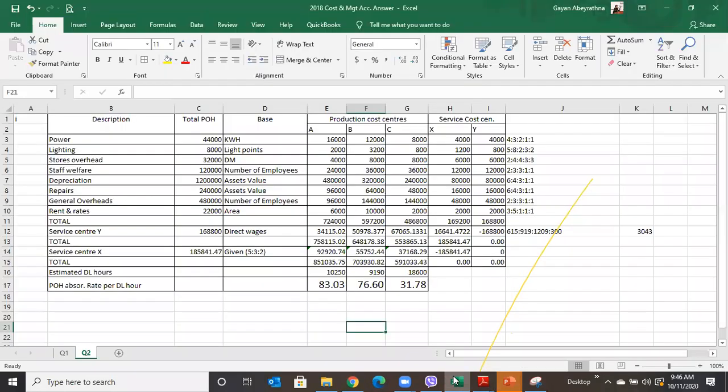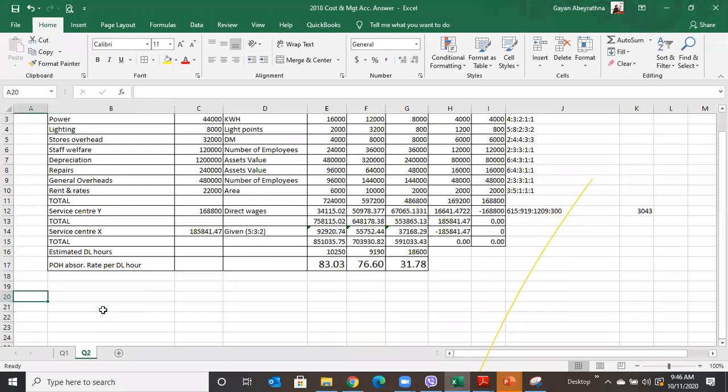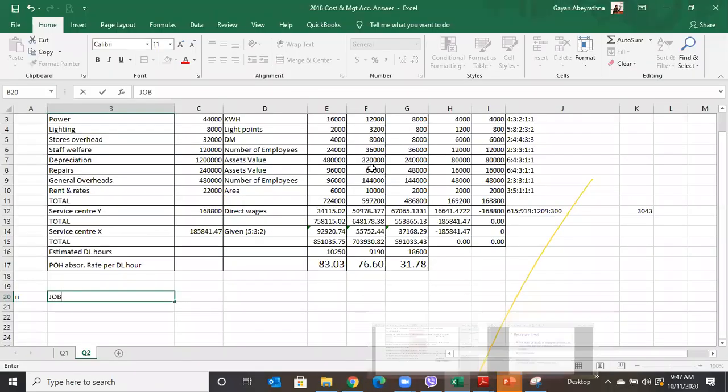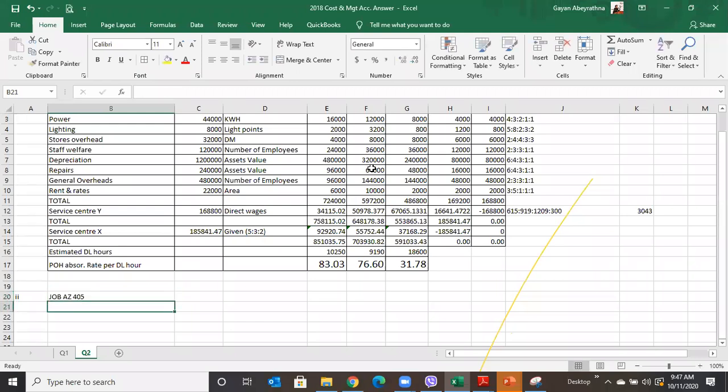Okay, job costing. Let's do the job. What is the job? AZ405.